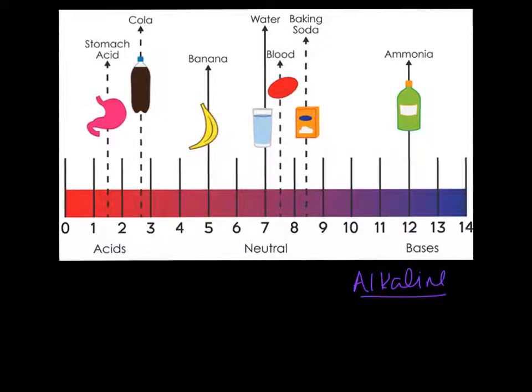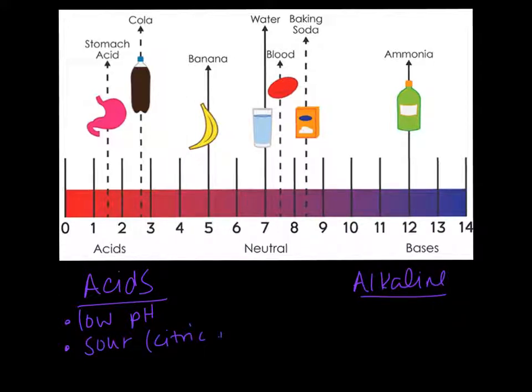So properties of acids that you need to know. They're going to have a low pH. They usually taste sour, so you can think of citric acid, lemon juice, orange juice, that kind of thing, and vinegar, which is acetic acid.